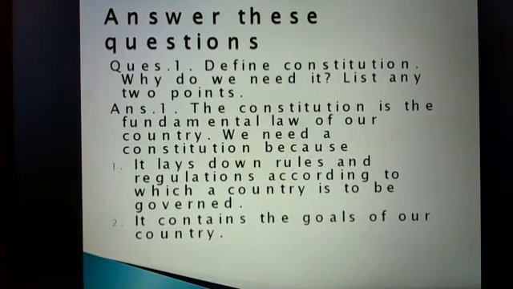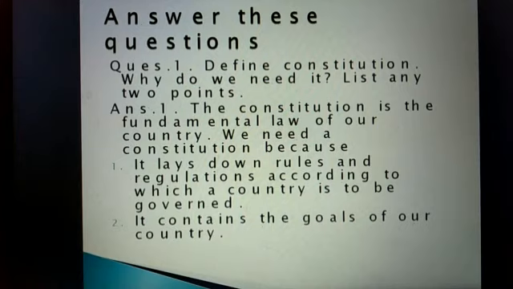I'll repeat again. Question number 1. This question you have to write with a black pen, and the answer with a blue pen. Question number 1, define constitution. Why do we need it? List any 2 points. Answer number 1, the constitution is the fundamental law of our country.